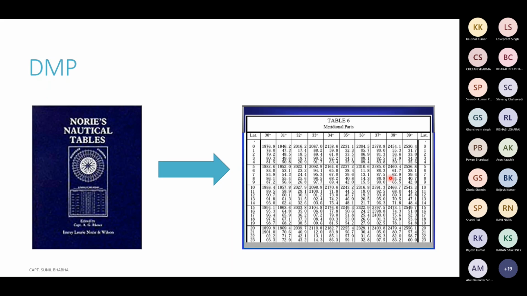So for any degree and minute of latitude, you can see the meridional parts for that particular latitude. So you can find out the meridional parts for your initial latitude and your final latitude. You can find out the difference between them, and that gives you the DMP, difference of meridional parts, to be used in the Mercator sailing.